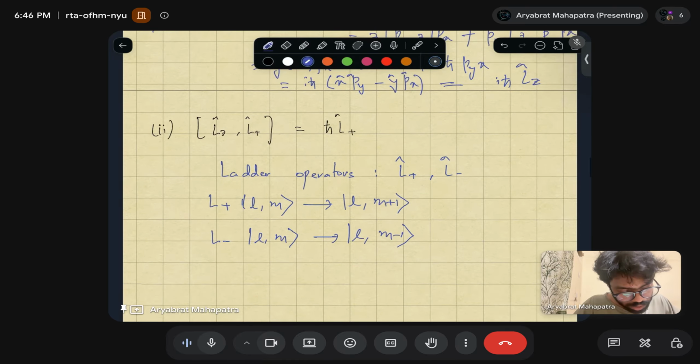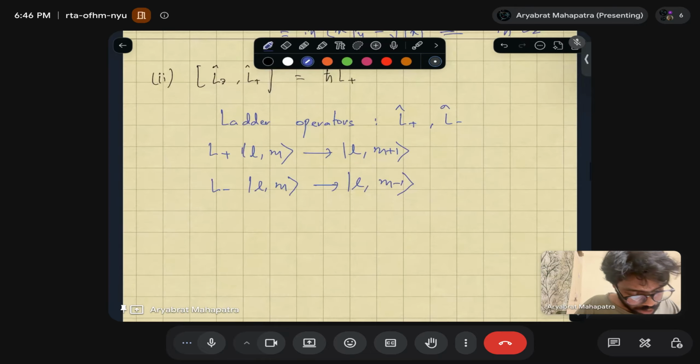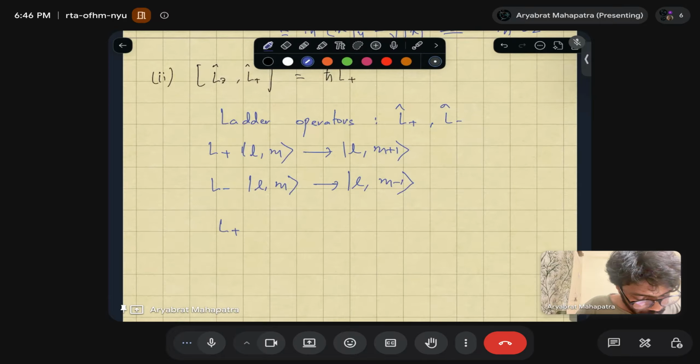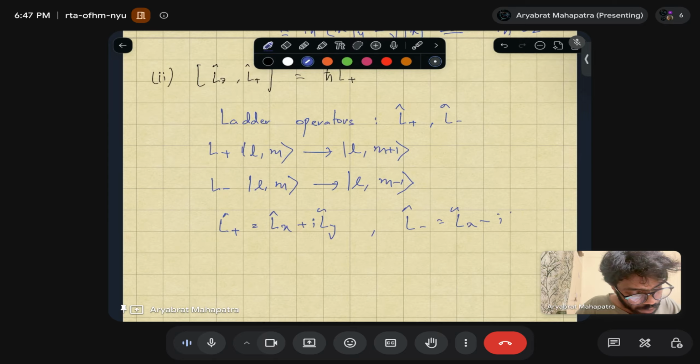And how are these defined? L plus is defined to be Lx plus i Ly, and L minus is defined to be Lx minus i Ly.